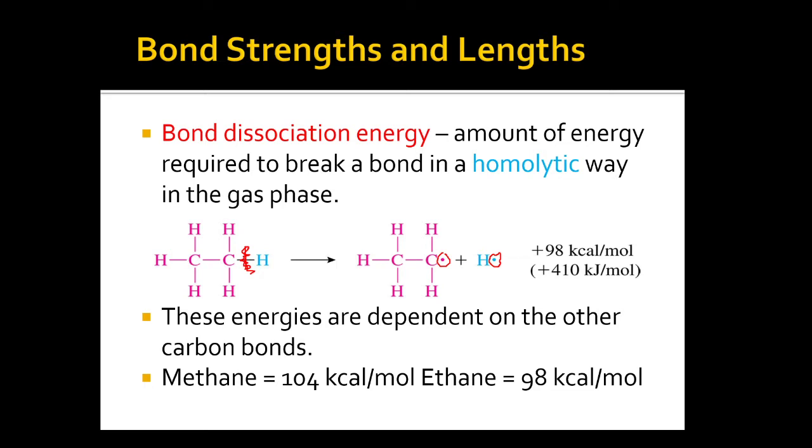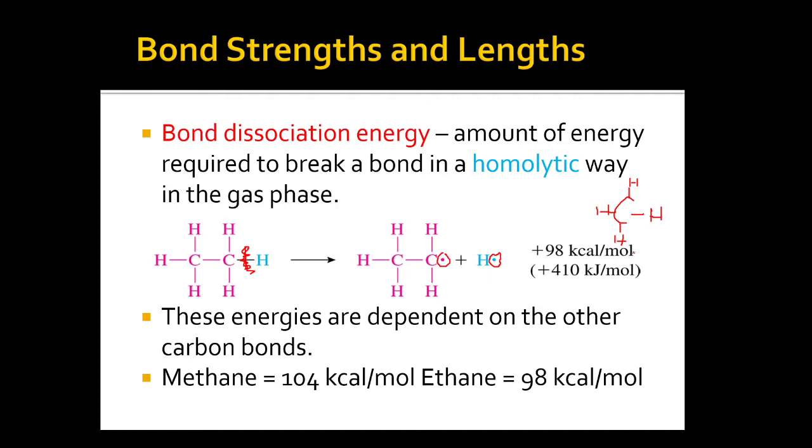The energies that are required are all dependent on what the carbon is bonded to. Carbon in methane, which is essentially just a carbon bonded to four hydrogens, has a bond dissociation energy of 104 kilocalories per mole, while ethane, to take that carbon away from this hydrogen, is 98.